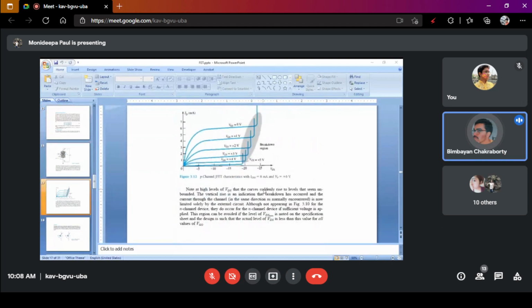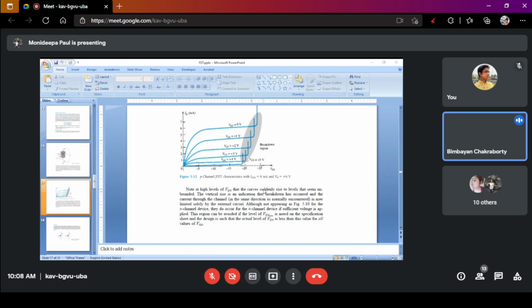Ma'am, when VGS is negative, that means the gate will be at a lower potential than the source, right? Yes, that facilitates the current flowing through the source drain circuit.